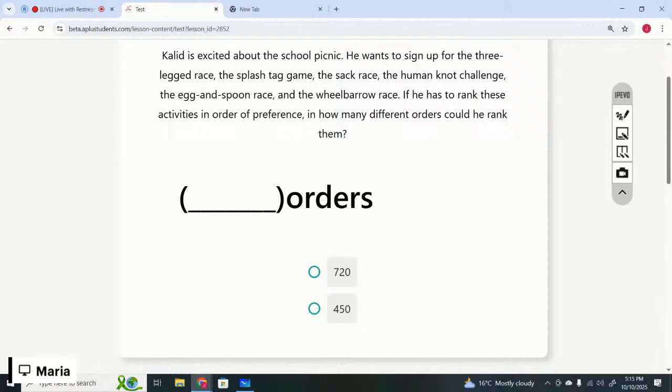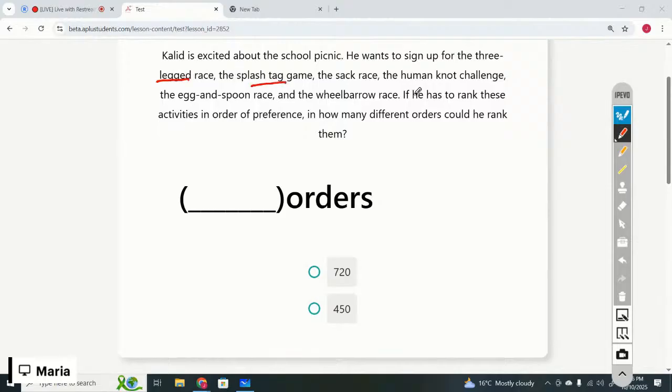Khalid is excited about the school picnic. He wants to sign up for the three-legged race, the splash tag game, the snake race, the human knot challenge, the egg and spoon race, and the wheelbarrow race. If he has to rank these activities in order of preference, in how many different orders would he rank them? 1, 2, 3, 4, 5, 6 options we have, right?